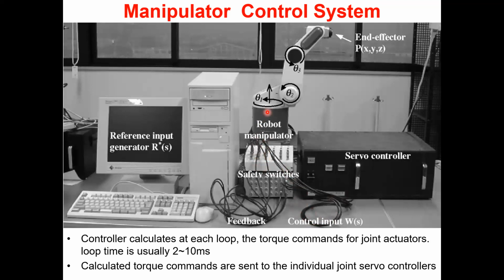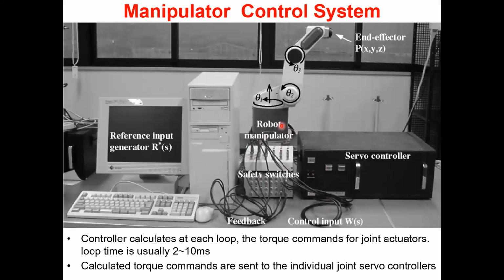That is how it happens. So this loop operates from the joint encoders through the feedback to the servo controller, and then the control input back to the actuator. So this loop takes place many times within 10 milliseconds, right? This is a very, very fast control loop.